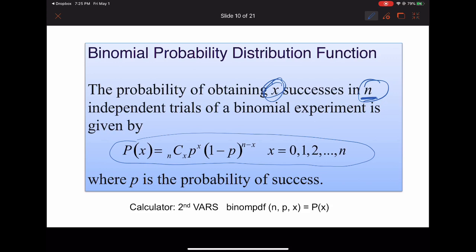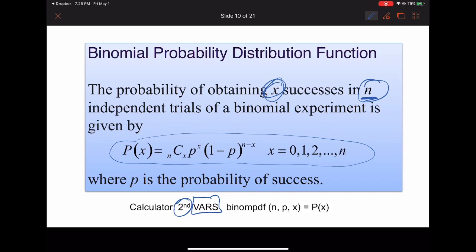So in your calculator, you hit the second key. The second key is on the very top left, right above alpha. And then you hit the vars button. The vars button is below where those little arrows are that you use to scroll, right next to program and clear, right next to your clear button. That's vars. Then scroll down to binomial PDF.